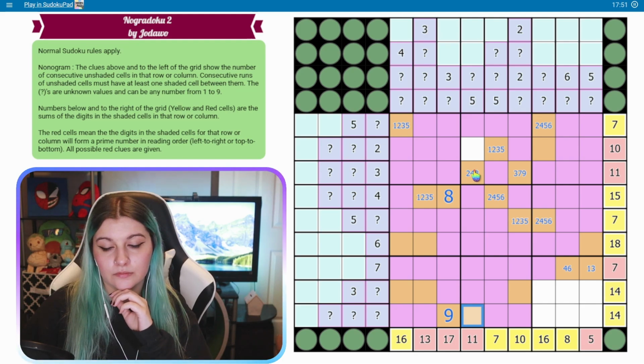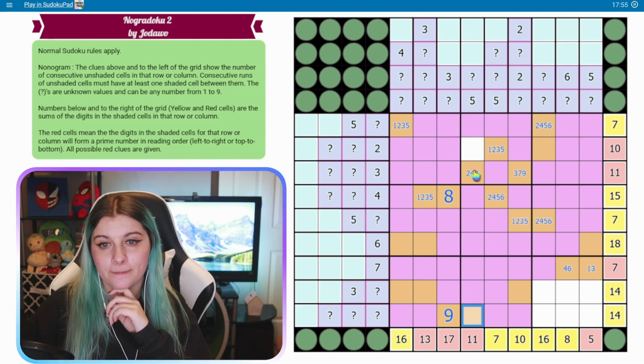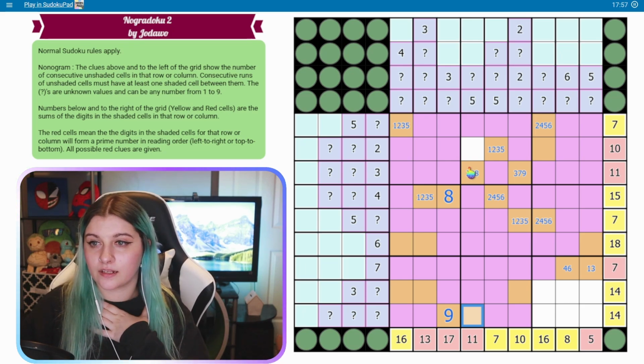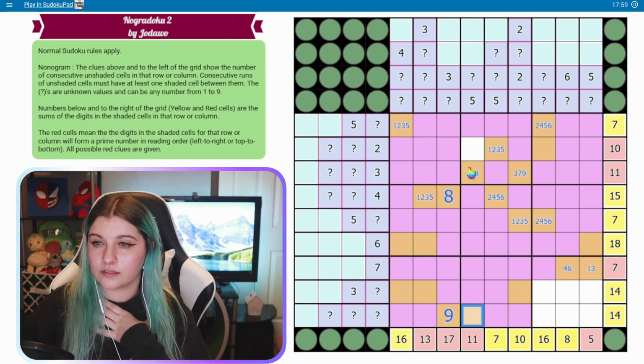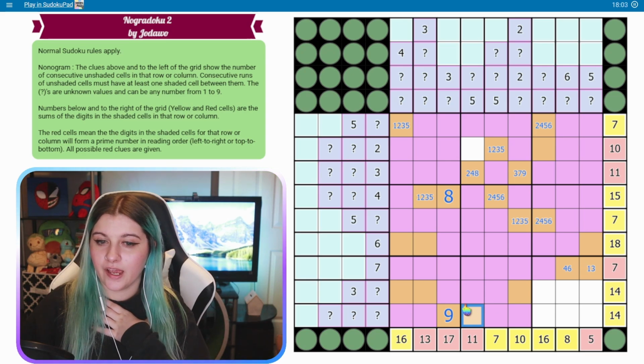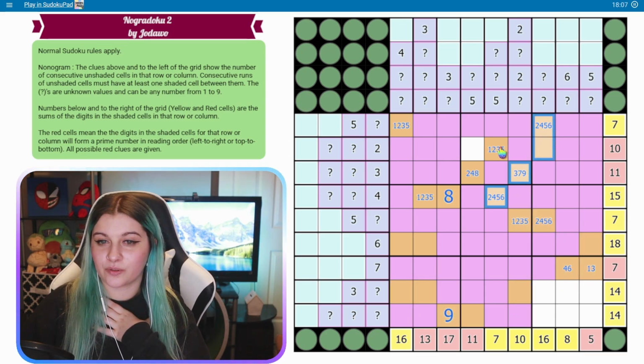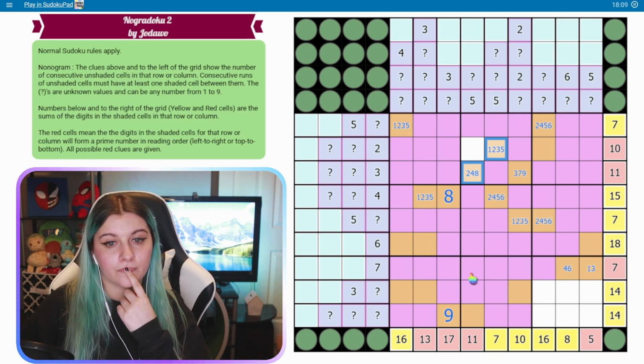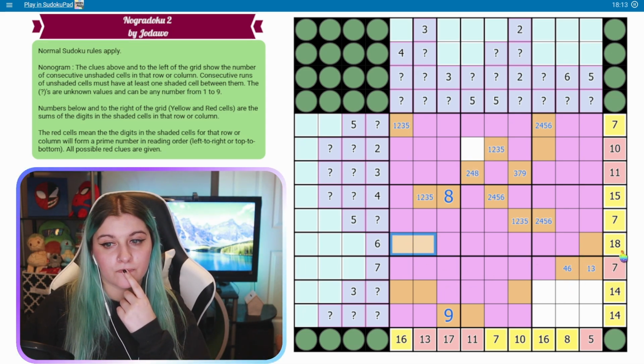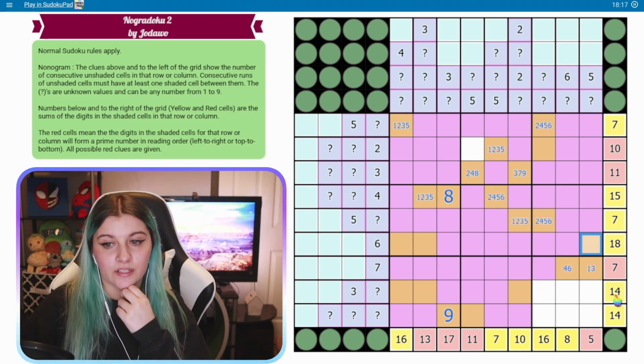What else do I want to look at? These orange ones are going to end up being like givens for Sudoku. Maybe I want to look at 18 again. I don't know. 14?